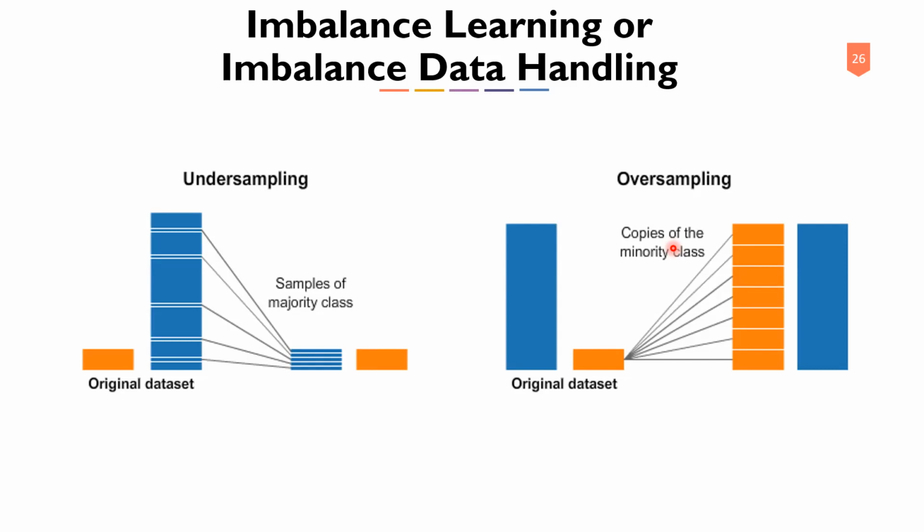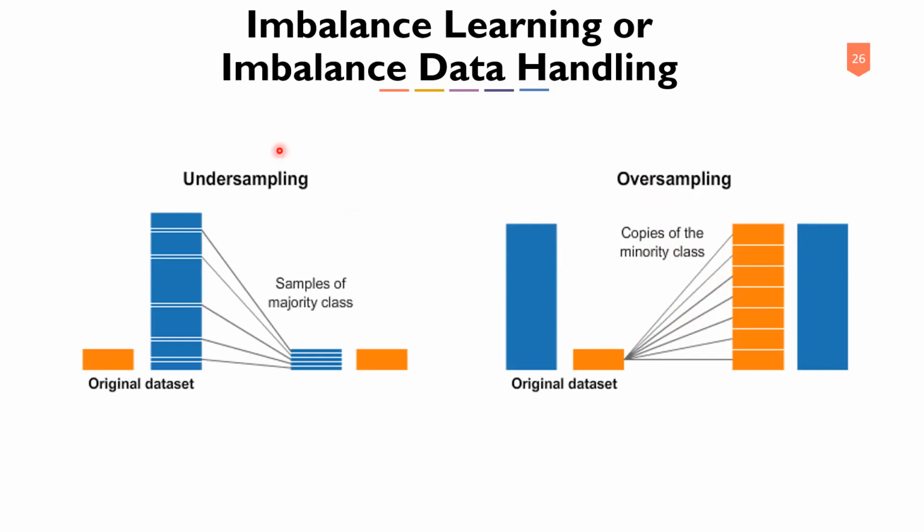From that range, the algorithm takes some values and boosts the instances, creating duplicates or copies of the minority class instances so that they become equal to the majority class instances.